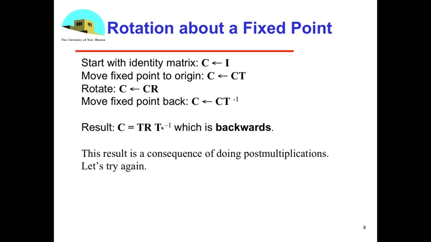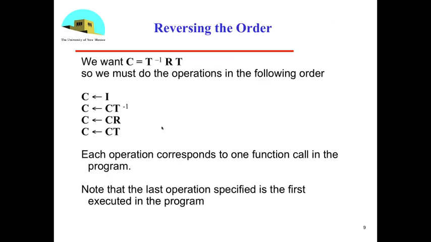So you really want to do it the other way. In your program, each of these you can think of as corresponding to one line in your code. First you're going to specify the last transformation, then you're going to specify the second transformation, then you're going to specify the first transformation. Now, when you start substituting down, you do get T R T inverse in the right order, which is what you wanted.